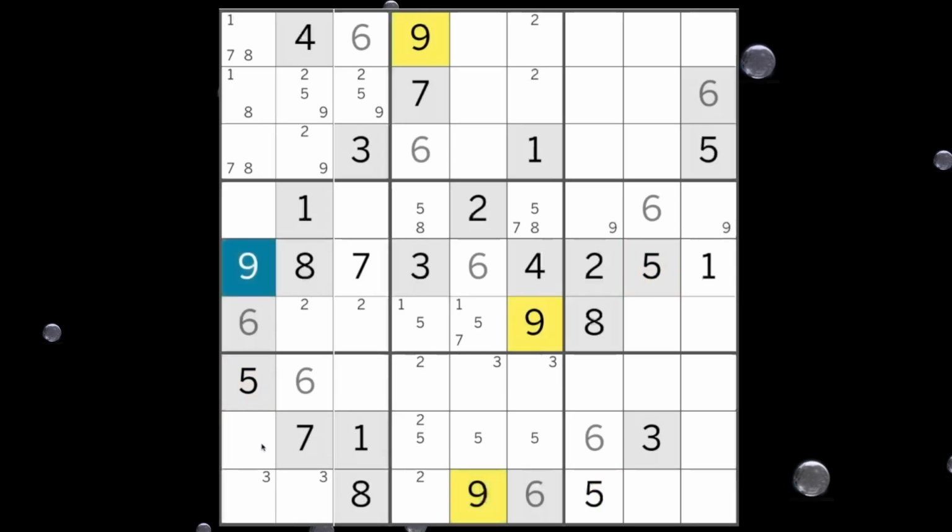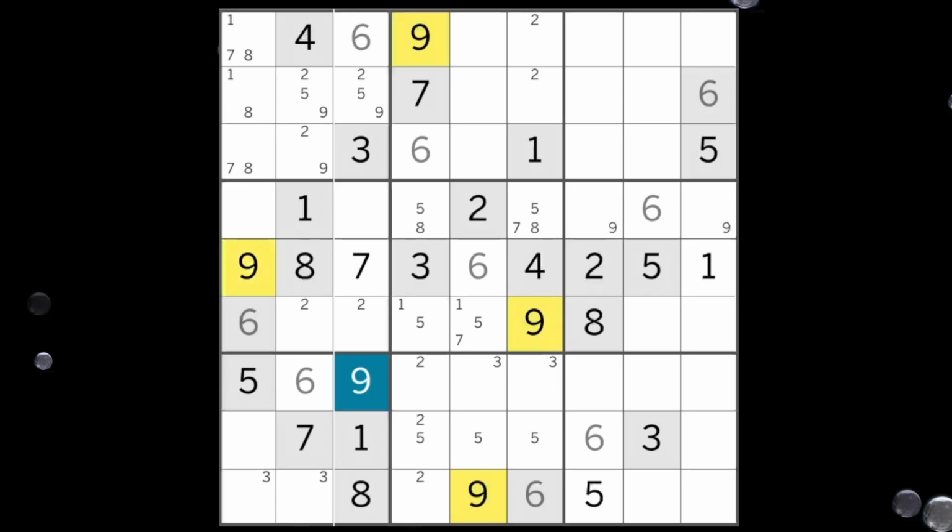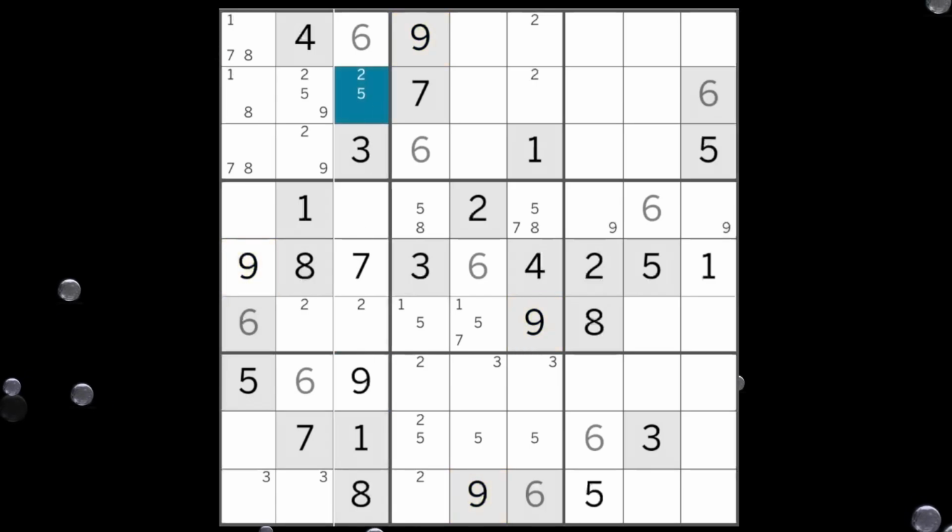This 9 and this 9 keeps a 9 from being there. So that has to be a 9. So that can't be.